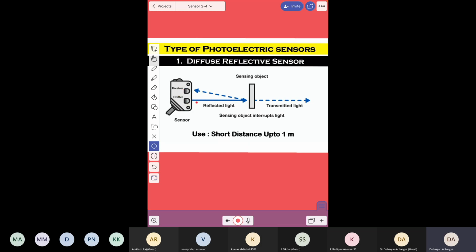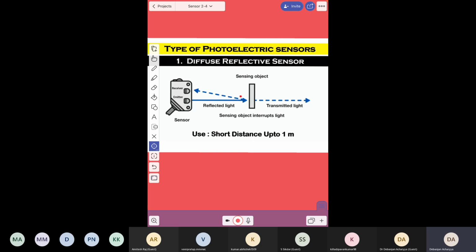The emitter emits light, and if there is an object, some light will be transmitted through this object, or some light will be reflected back to the receiver. So this is generally used for transparent or semi-transparent sensing objects. This kind of diffuse reflective sensor is the shortest distance reflective sensor.